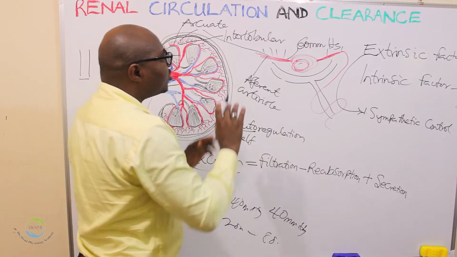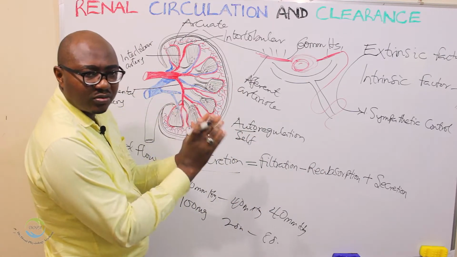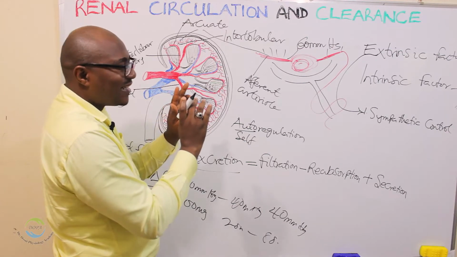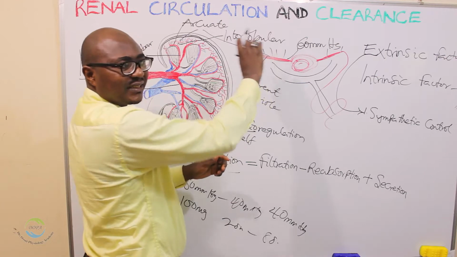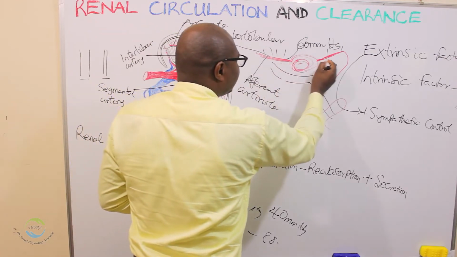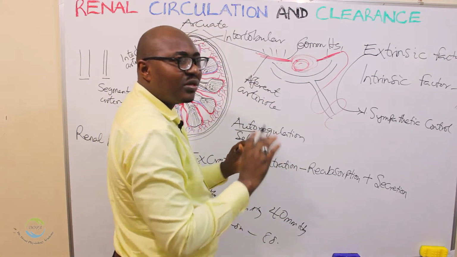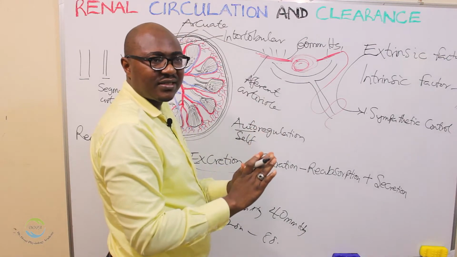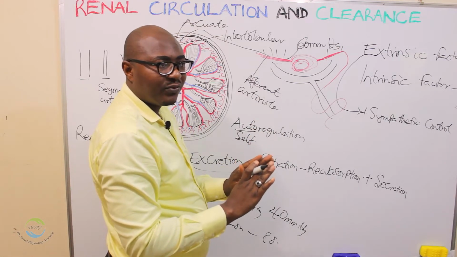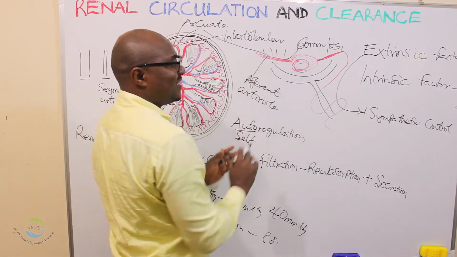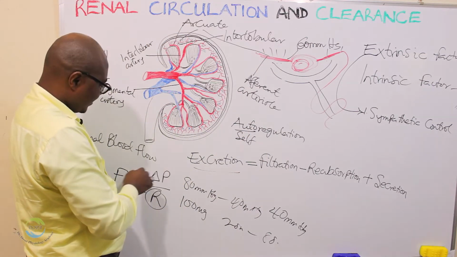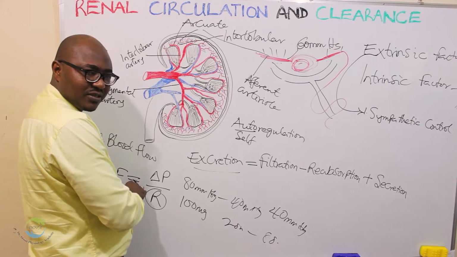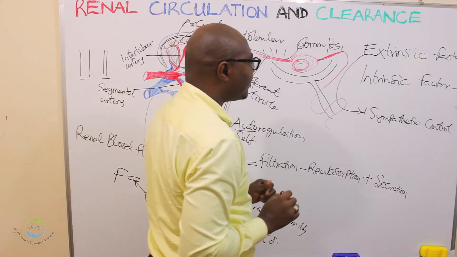That adrenaline or epinephrine has the function of helping to constrict these vessels. That means it reduces renal blood flow, because constricting increases resistance. Once resistance increases, the flow reduces. So there's an inverse relationship.